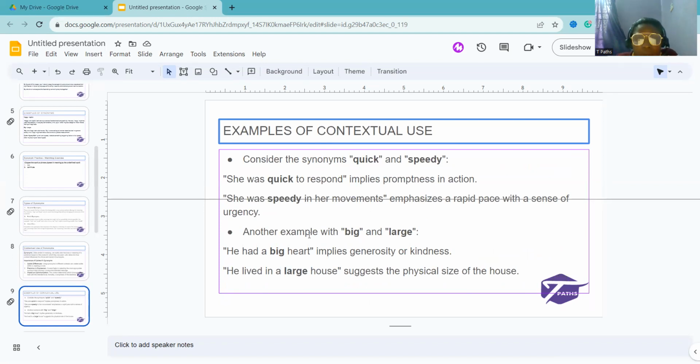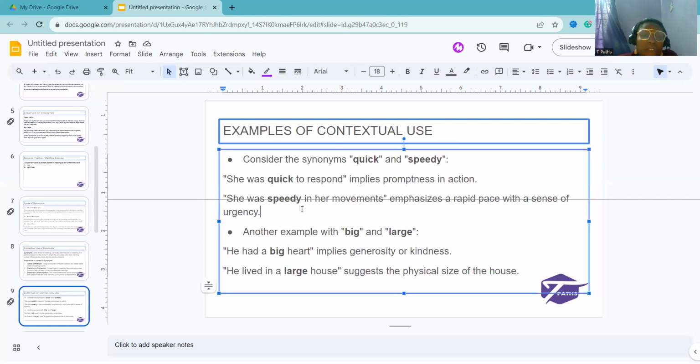Consider the synonyms quick and speedy. She was quick to respond implies promptness in action. She was speedy in her movement, emphasizing a rapid pace with a sense of urgency. If you see this, they are different, but actually quick and speedy are the same weight. So it's always good you consider the context in which they are used.